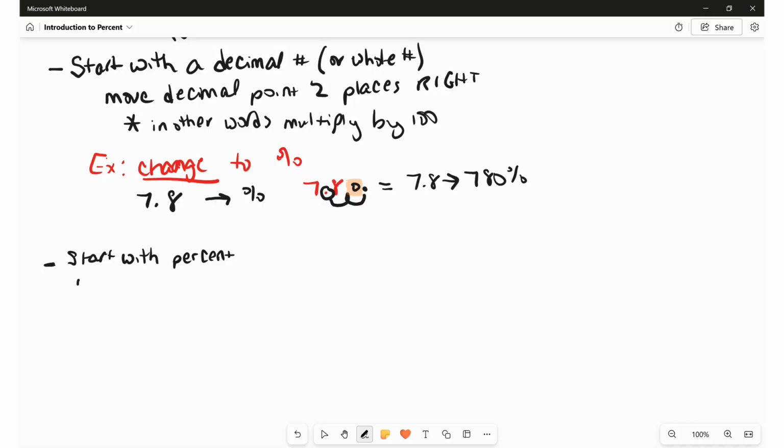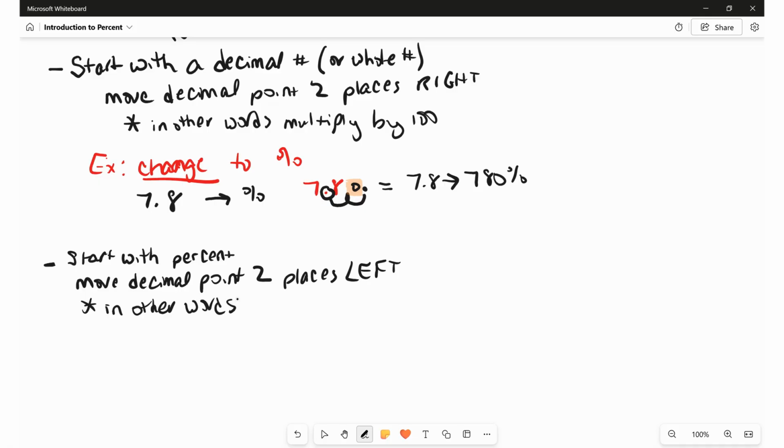So we are going to move the decimal point two places left. Or in other words, divide by 100.